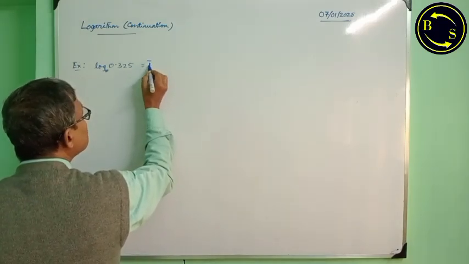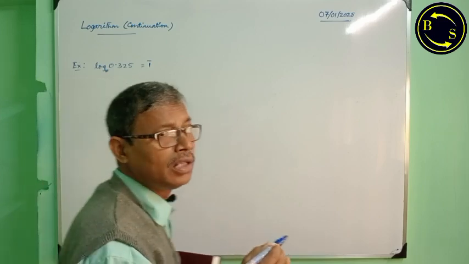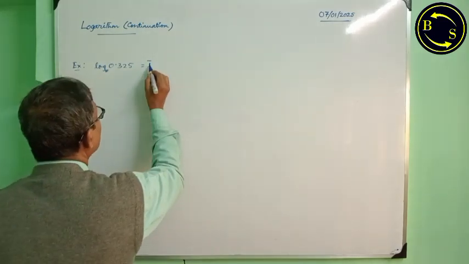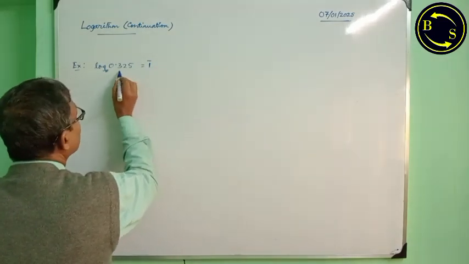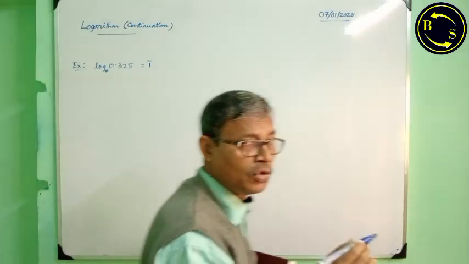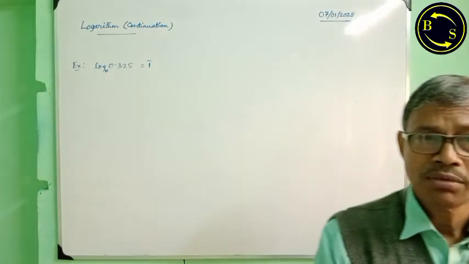Actually this determines the position of the decimal point. Then for 3 to 5 we use the log table.